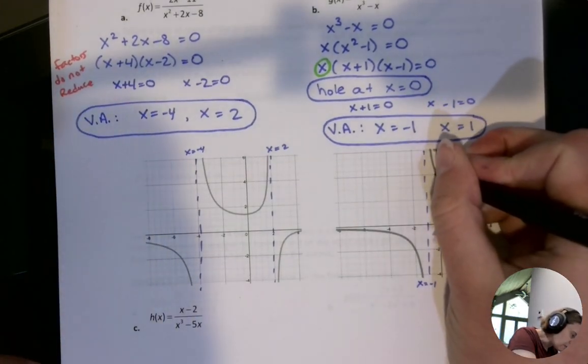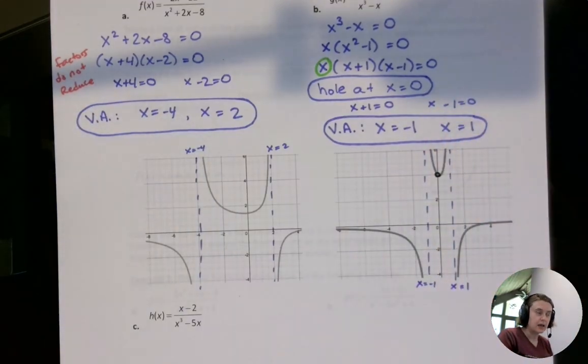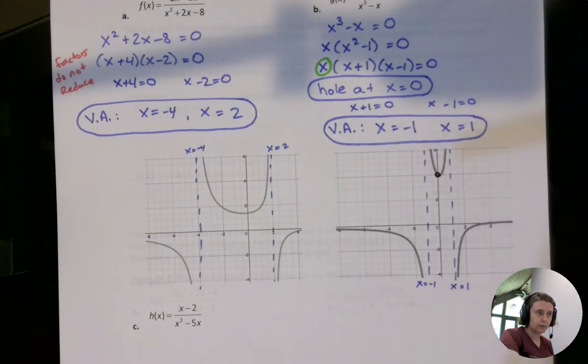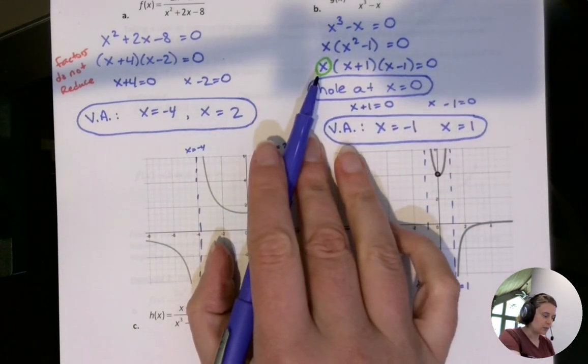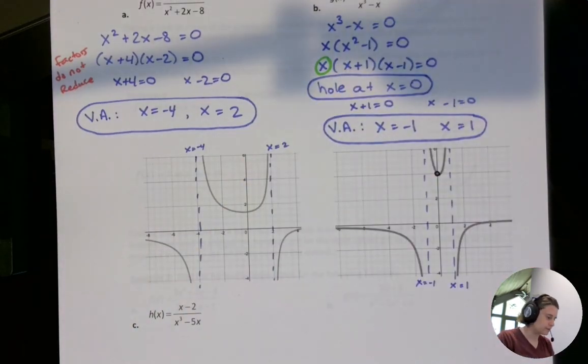But the hole must be right there because that is the part of the graph where the x value would be 0. So I've got to have a hole there. It's certainly not an asymptote, even though it is a place where the denominator would be equal to 0. Because it reduces with the numerator, it's going to be the location of a hole.